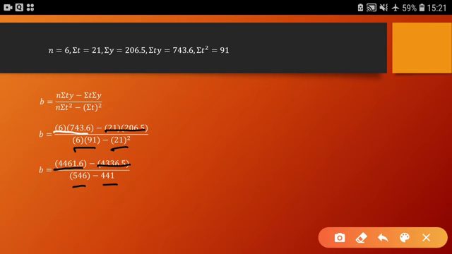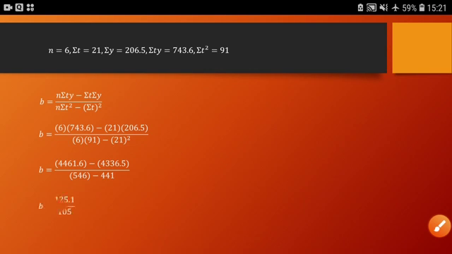Then B is equal to 125.1 upon 105. So your B is 1.19.